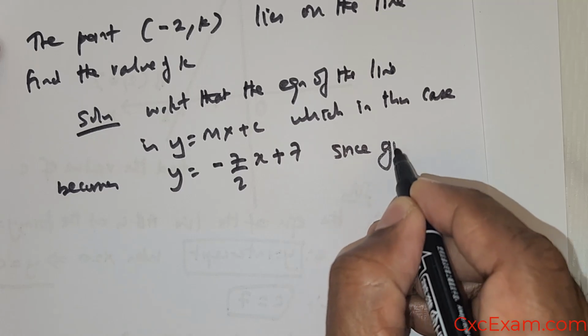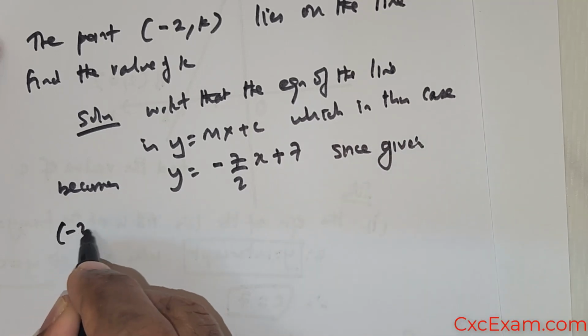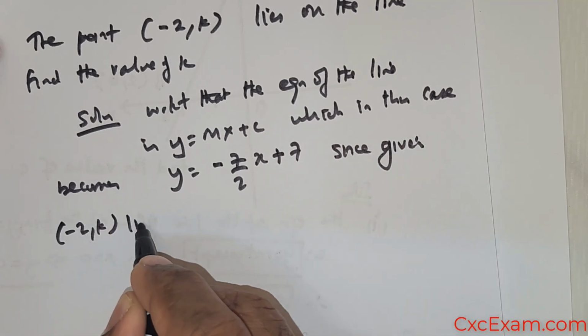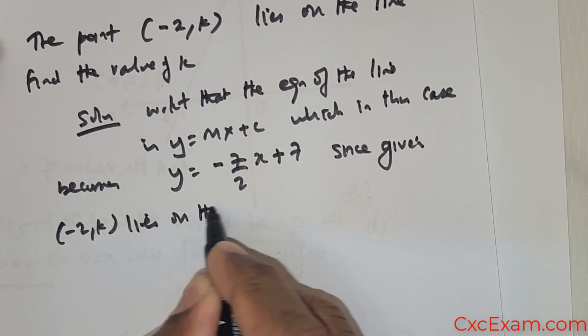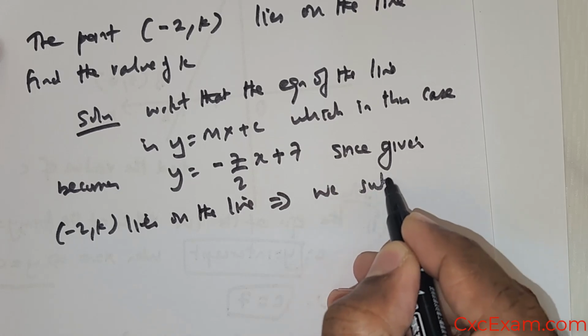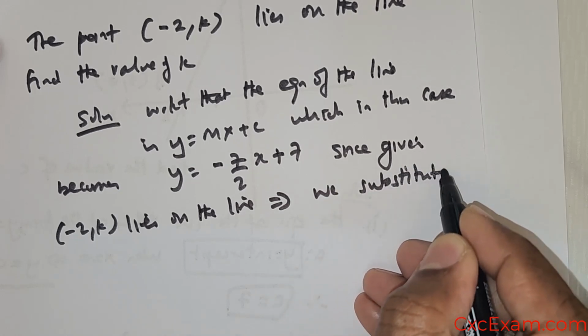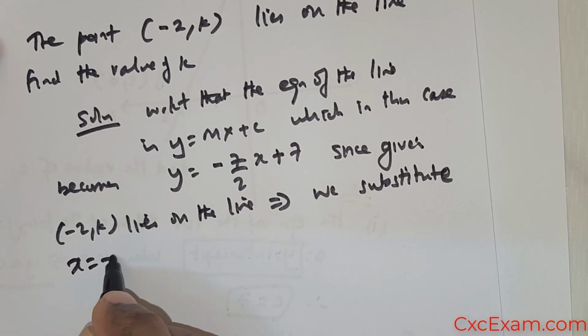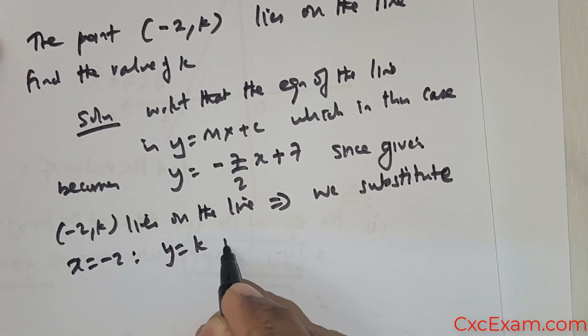Now, since negative 2 comma k lies on the line, this means we substitute x is equal to negative 2 and y is equal to k in.